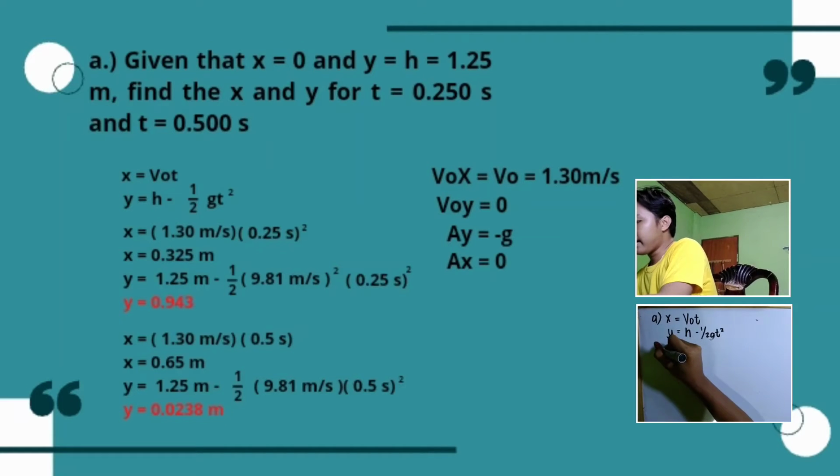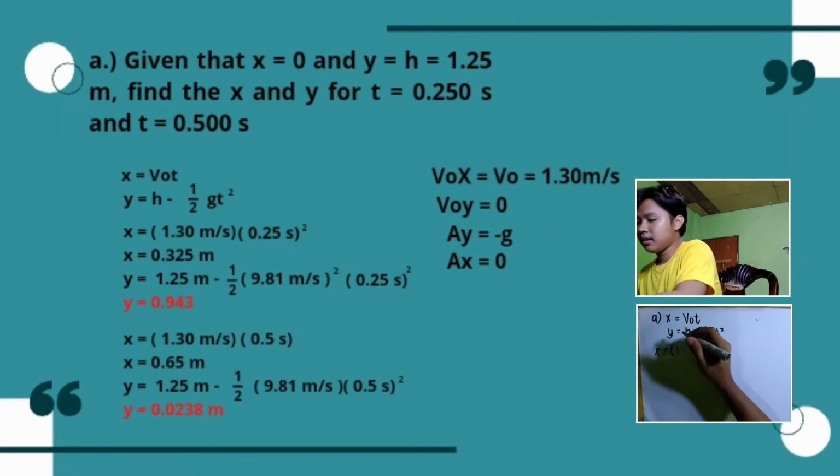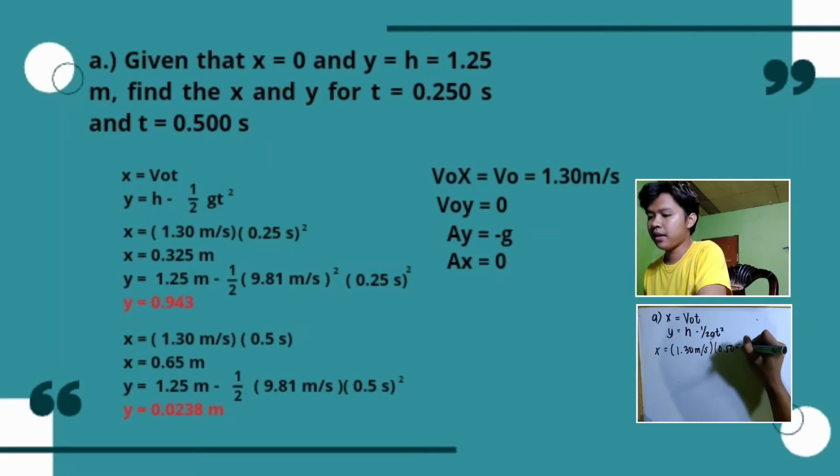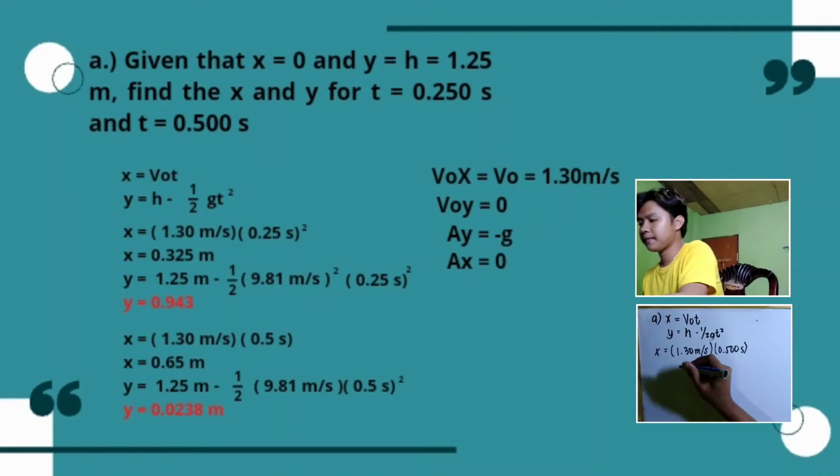For our other x, it is 1.30 meters per second multiplied by 0.500 seconds. So x equals, do the math, cancel the seconds. So 0.65 meters.